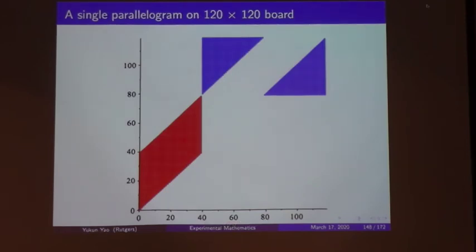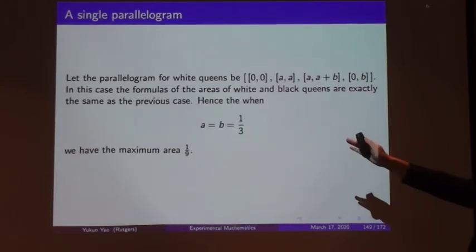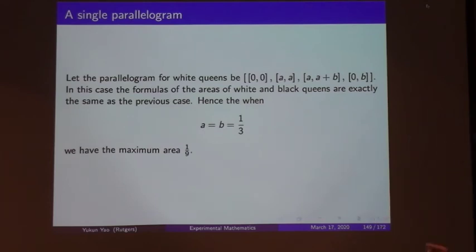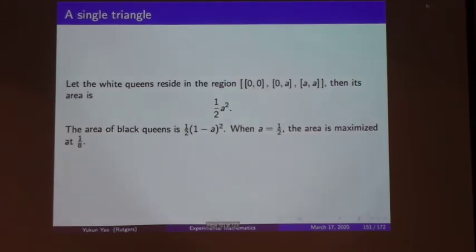Then again, how about white queens are in a single parallelogram? This one has exactly the same answer as the previous one. And how about a single triangle? So this one is also easy.